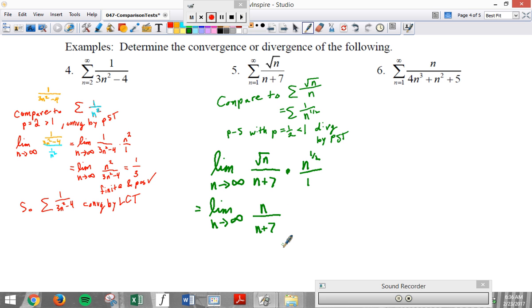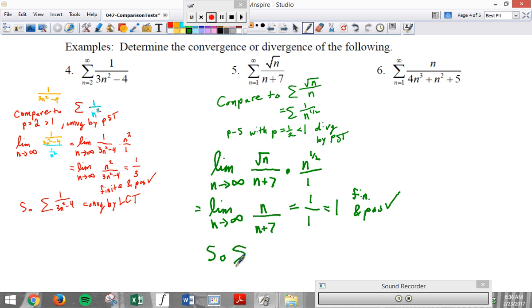And wouldn't you know it, because I did the limit comparison right, because I compared it to the right series, my limit's going to work out to be coefficient on top, coefficient on bottom, 1, which is finite and positive.